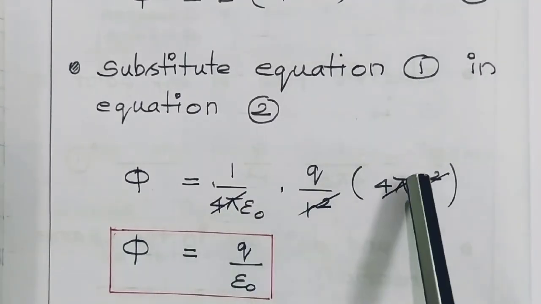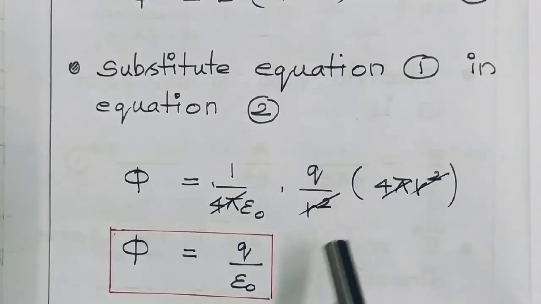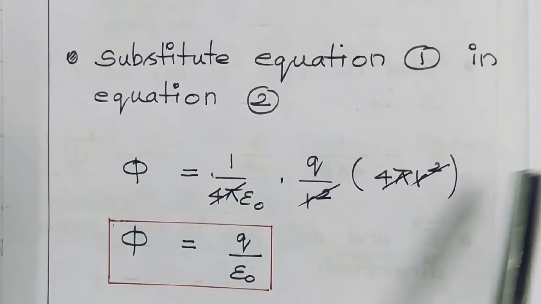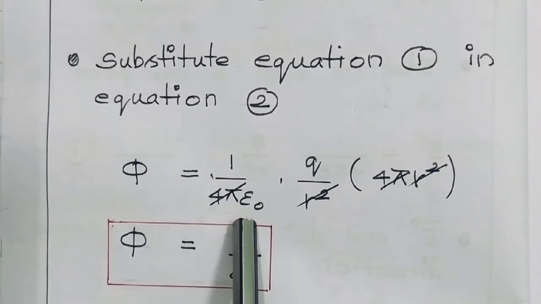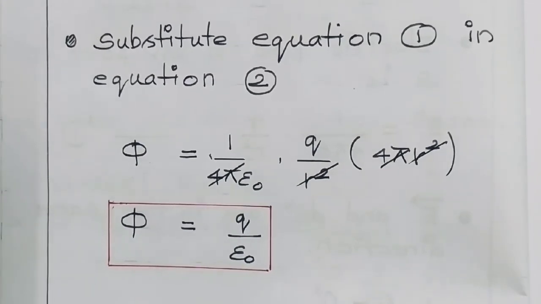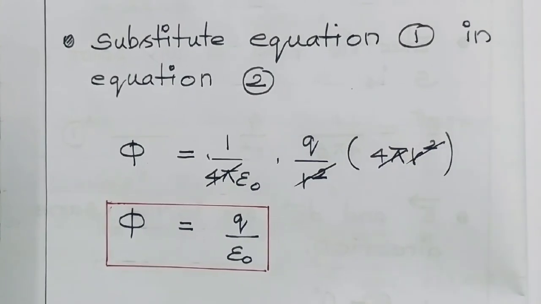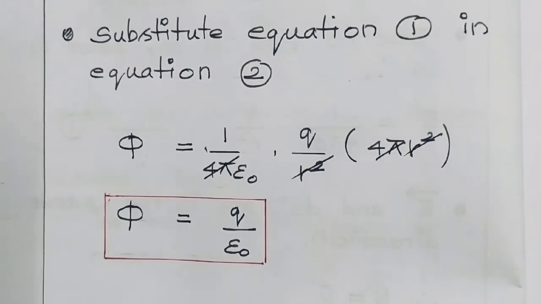Here 4 pi and 4 pi get cancelled and R square gets cancelled. So what remains? Q and epsilon naught. So phi is equal to Q by epsilon naught, which is nothing but the expression for Gauss theorem or Gauss law. So this derivation has come to an end.